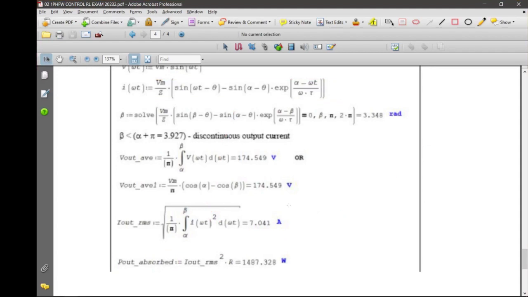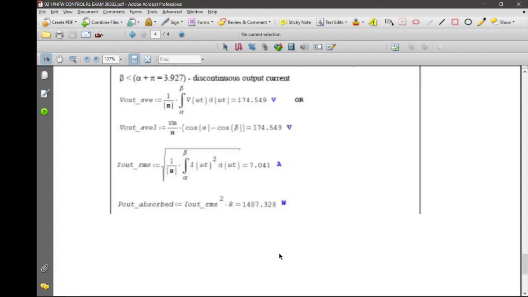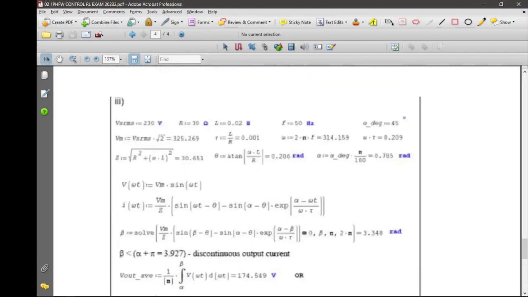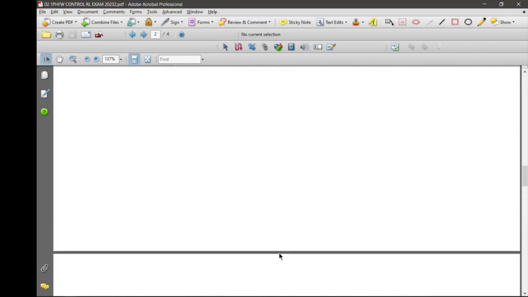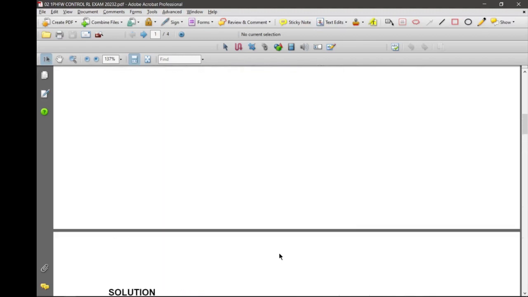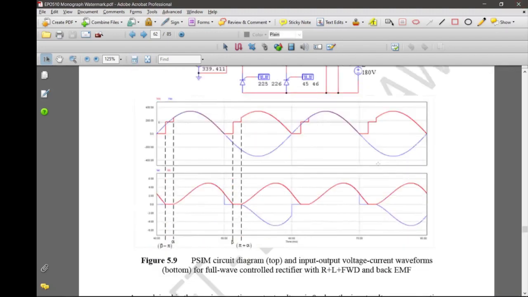Okay, so I hope you understand how to solve this. This solution is just for you to understand. Look carefully at this.